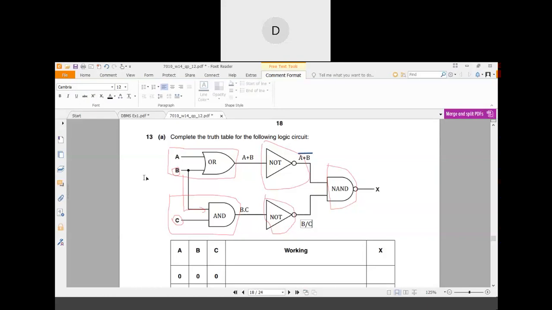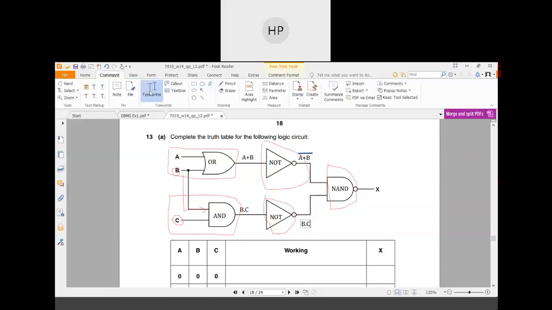B dot C bar. Done. So we are nearly there.